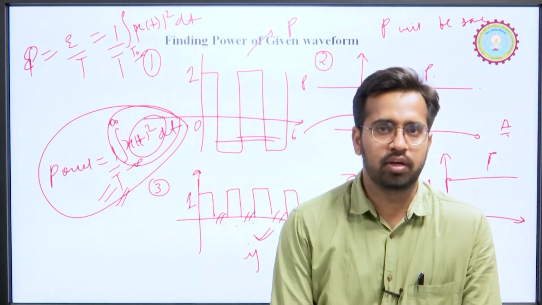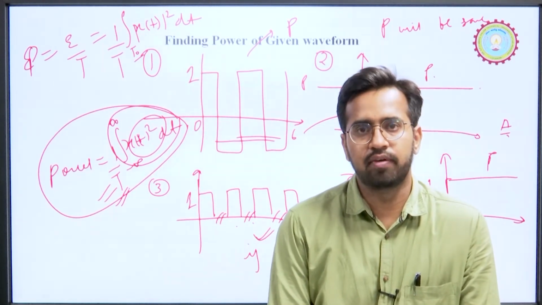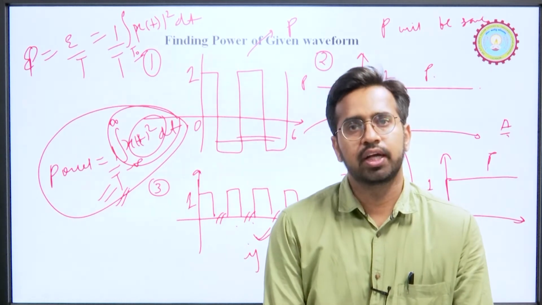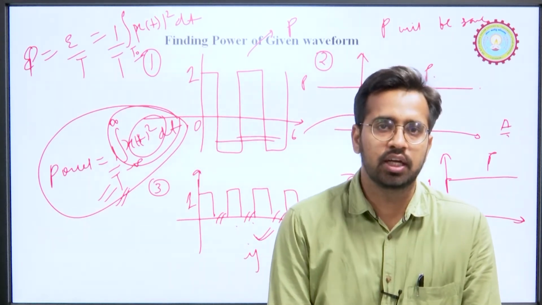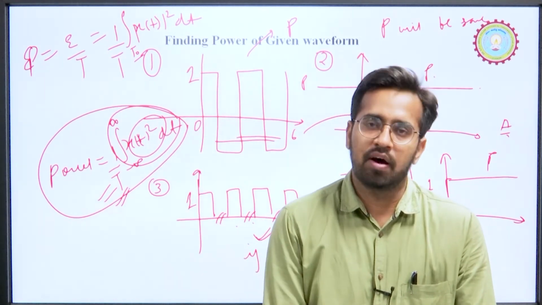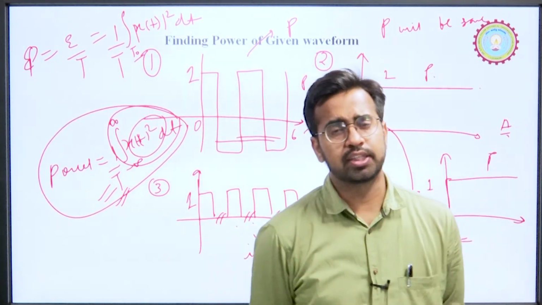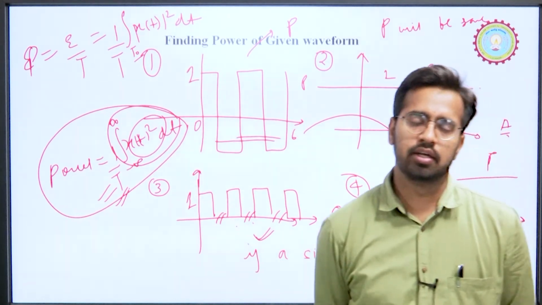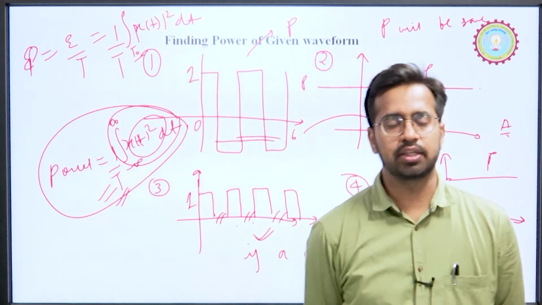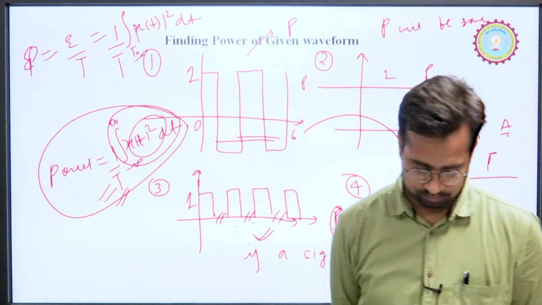So, it will not change the value of power. But in the case of energy signal, energy will have to reduce by the same quantity by which the scaling is done, whereas in power signal it is unaffected by time scaling also.